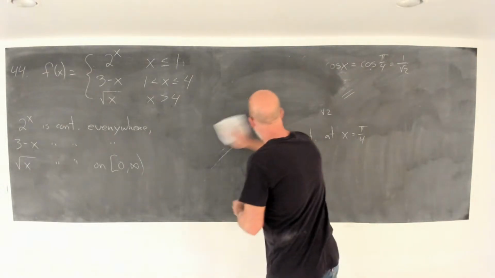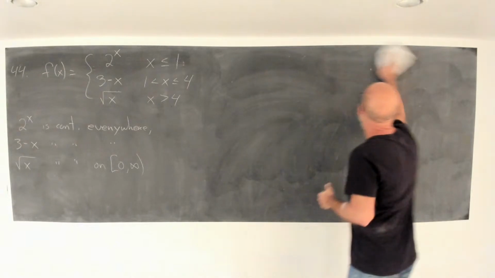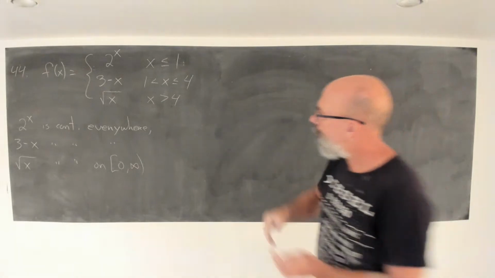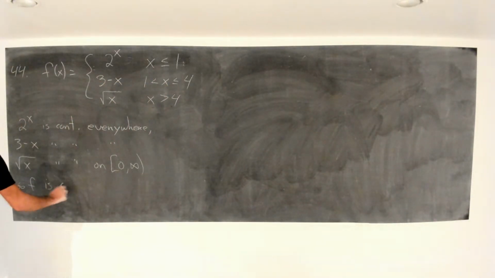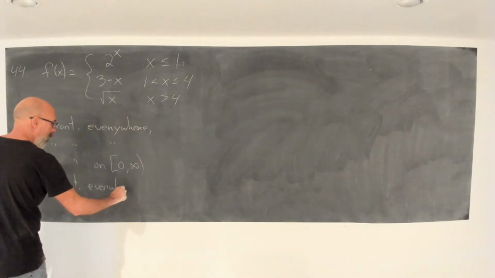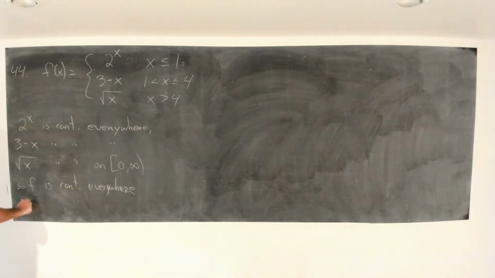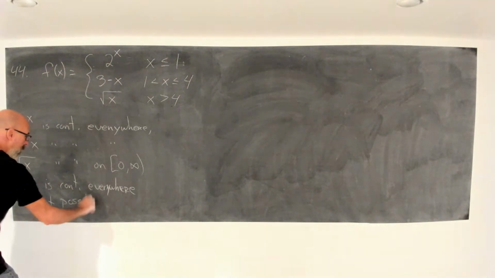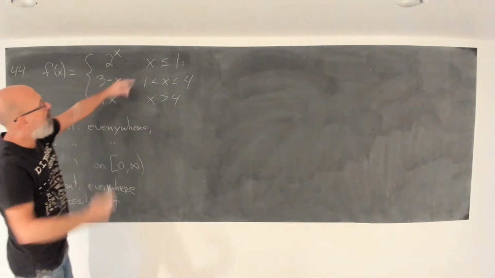So the only place we need to worry about continuity is where we're jumping from one to the other. This function is continuous everywhere except possibly at the points where they go from one to the other.